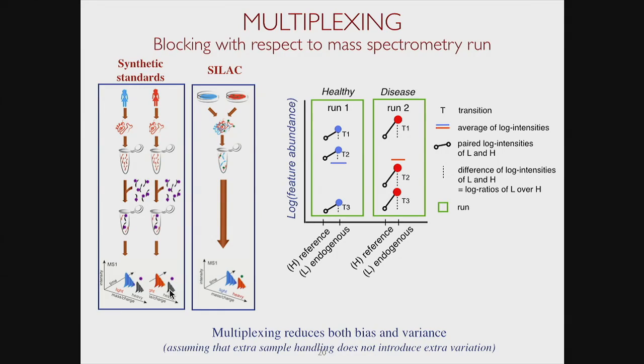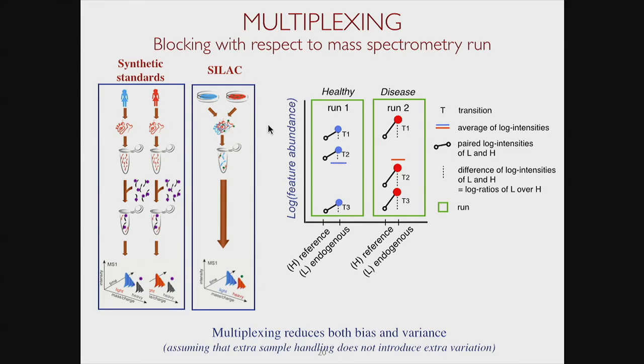So now we have a blocking because within each run, we have a pair of peaks which go together. And the important part is that the labeled references do not have the biological variation, so they're as constant as possible. And then the endogenous peaks have the biological variation of interest.